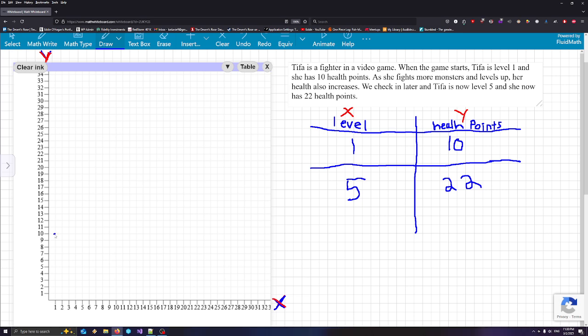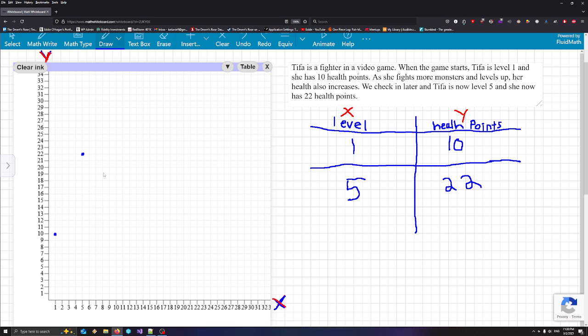We put a point here for our first point. Now for our next piece of data, at level 5, we go 1, 2, 3, 4, 5. And then we have 22 health points at level 5. So let's go up here to 5 and 22 right there.